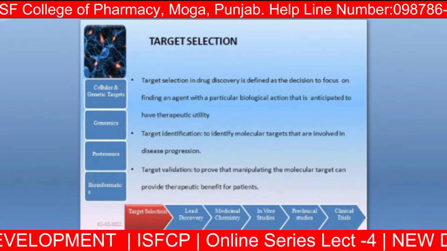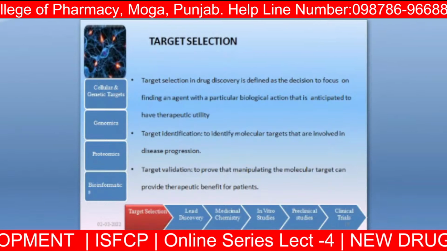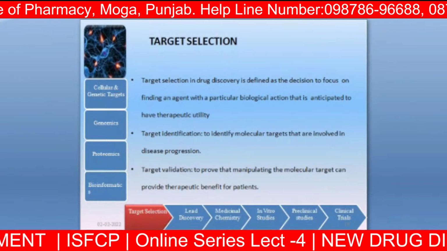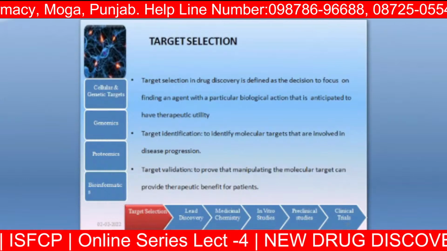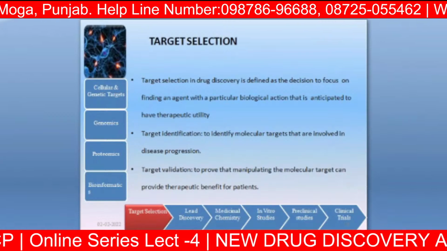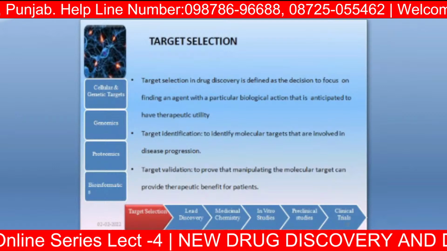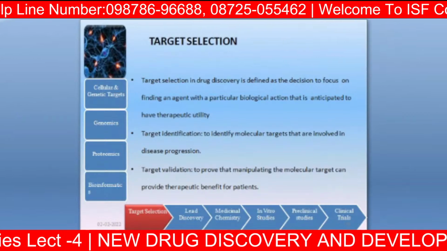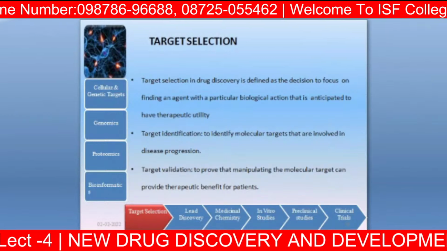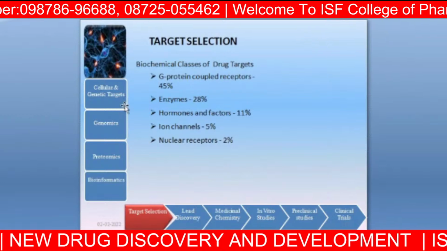So we are trying to find the particular molecular target of the disease by providing a drug moiety, so that our major objective is to manage that disease at the molecule level. This is only feasible when you work on target selectivity.